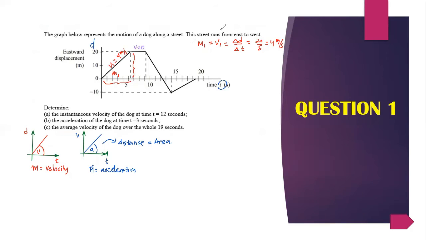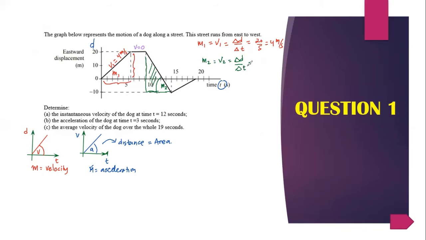Okay, next. The third graph. The second gradient, or m2, equals velocity 2 equals delta d over delta t, right?